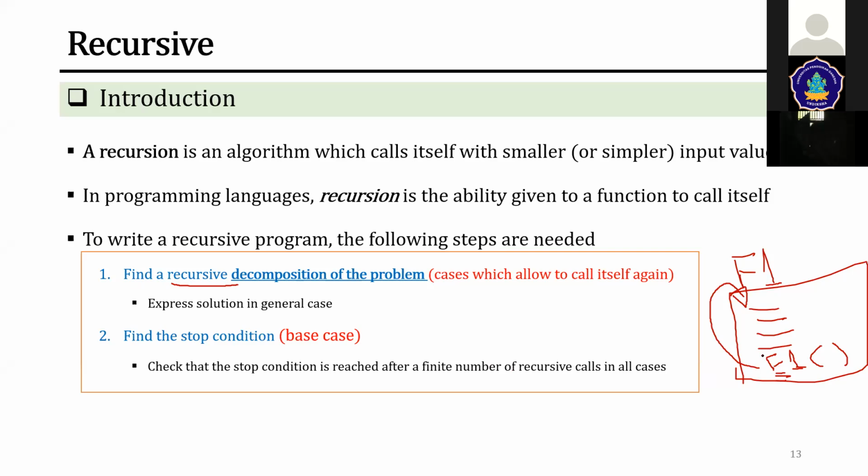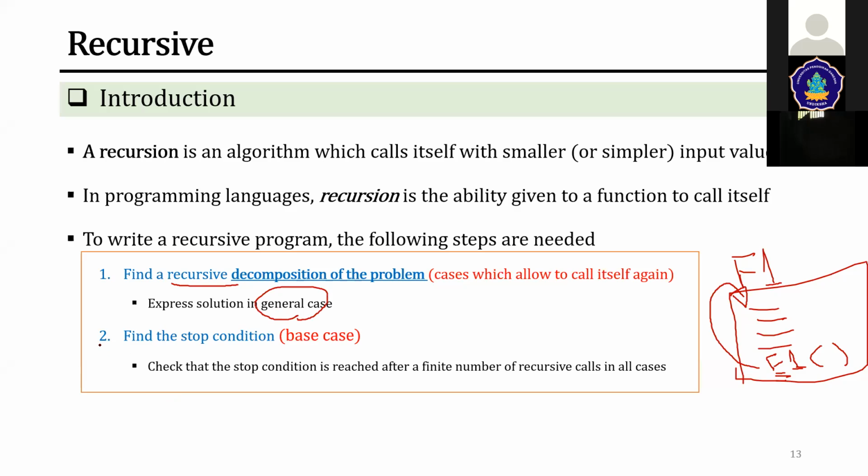That is the case we need to analyze, how the recursive function should be called. This is normally the general solution: we decompose the problem into smaller and smaller problems.